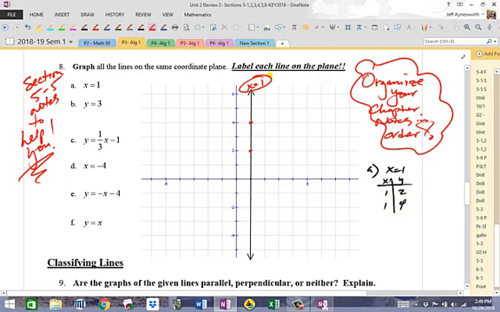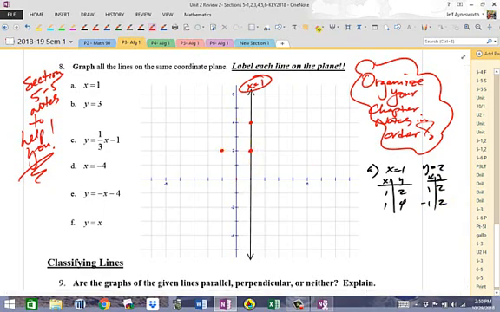Now y equals 2. So when y equals 2, you want 2 points where the y coordinate is 2. So how about (1, 2) and (-1, 2)? So (1, 2) is here, (-1, 2) is here. So that is a horizontal line passing through... Oh, shoot, what did I do? I didn't mean that. I should be y equals 3. So what I said was correct for y equals 2, but I just had to fix it.